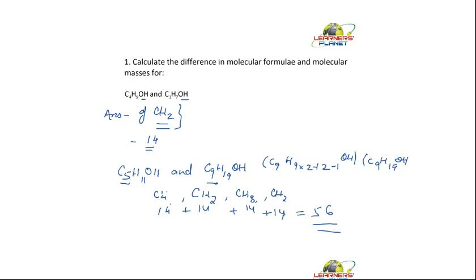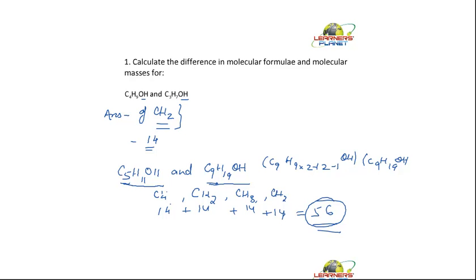So what is the difference between the molecular masses of C5H11OH and C9H19OH? It is 56, right? I just gave you this example because you don't need to sum up the masses of the atoms and then subtract.